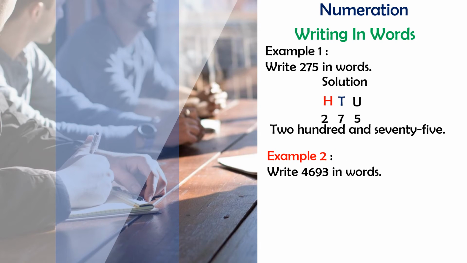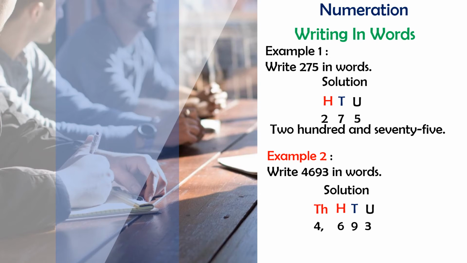Here, write 4693 in words. For it to word this perfectly, just state the numbers being given to you. Place your place values on top. Units, tens, hundred, thousand.